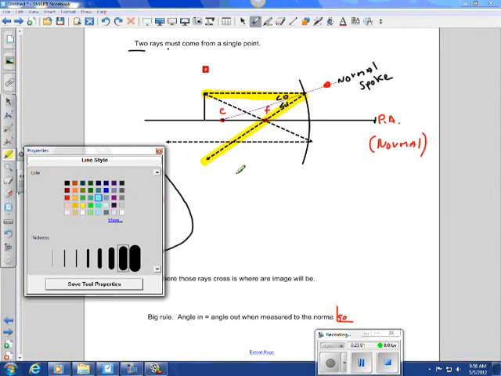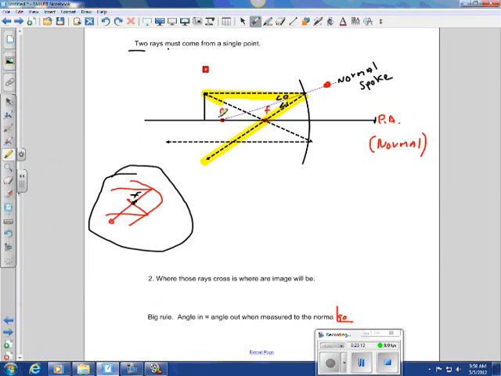Now, I had to take a second ray, and I took the second ray from the same point. I don't know if it's going to work or not.